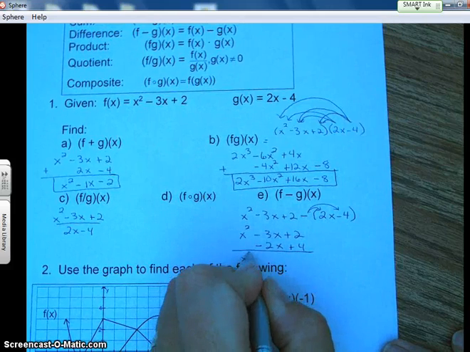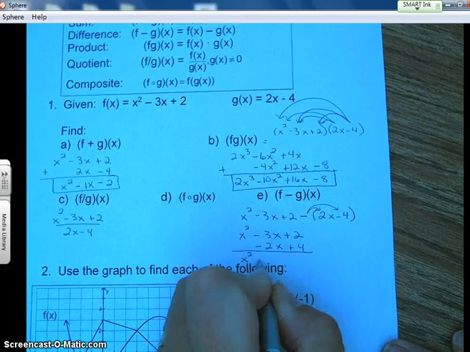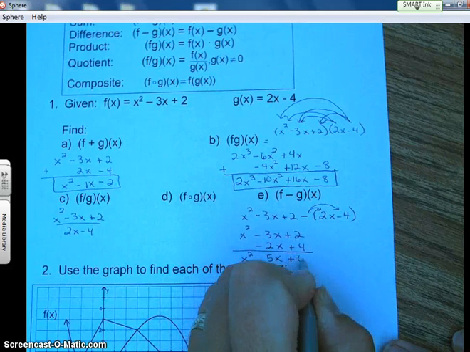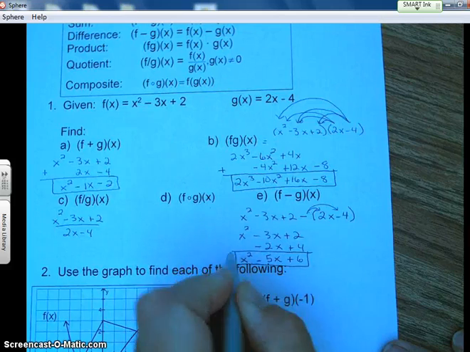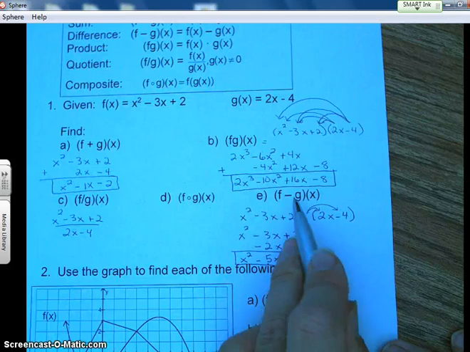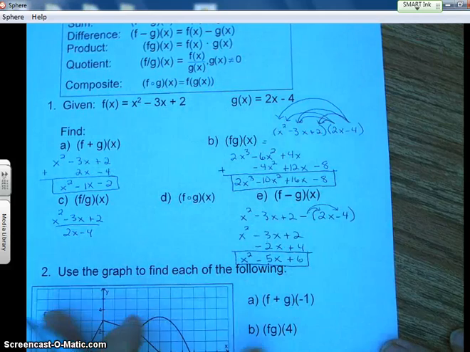So combining our like terms, we'll probably do a warm-up problem and practice this, because this is probably the one that's the most difficult.